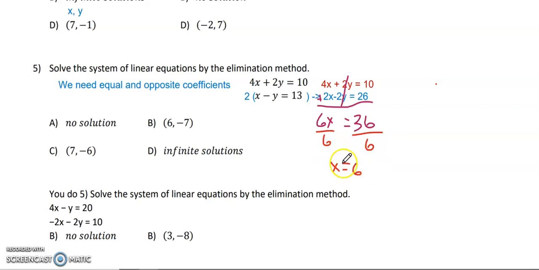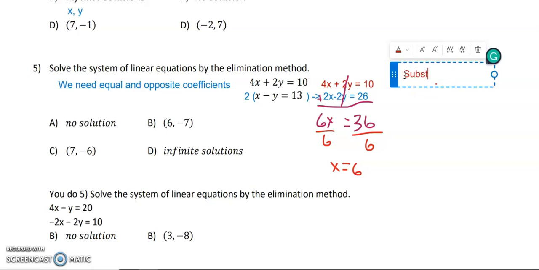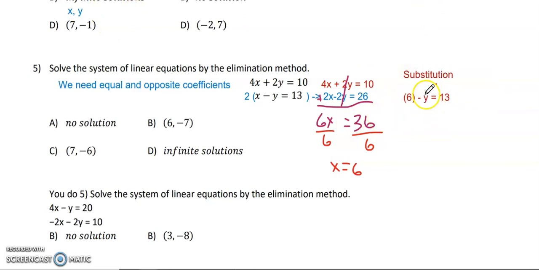And then once I know my x, I need to solve for y. And I can solve for y using substitution. Alright, so I can pick either equation. I'll pick the second one. So I'm going to get x, which is equal to 6, minus y equals 13. So I need to go ahead and solve for y.